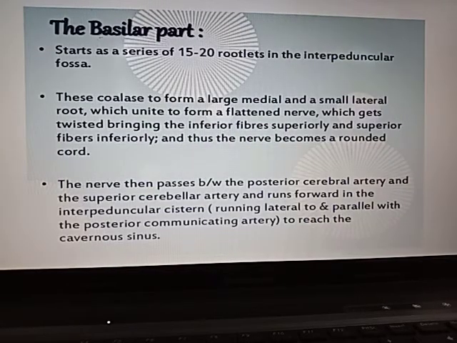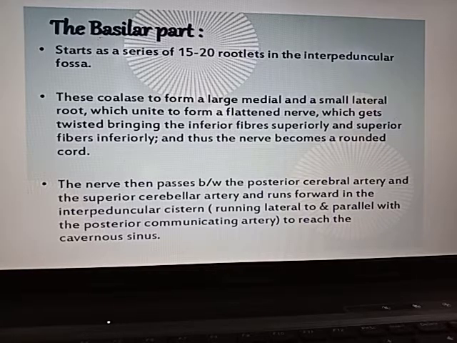Then come to the basilar part. It starts as a series of 15 to 20 rootlets in the interpeduncular fossa. These coalesce to form a large medial and a small lateral root, which unite to form a flattened nerve which gets twisted, bringing the inferior fibers superiorly and the superior fibers inferiorly, and thus the nerve becomes a rounded cord.